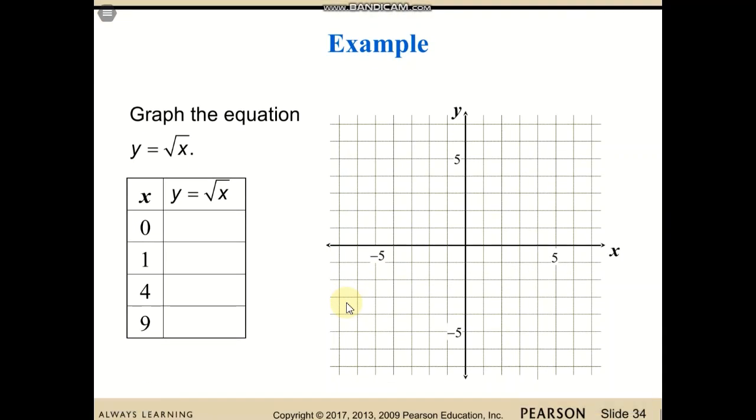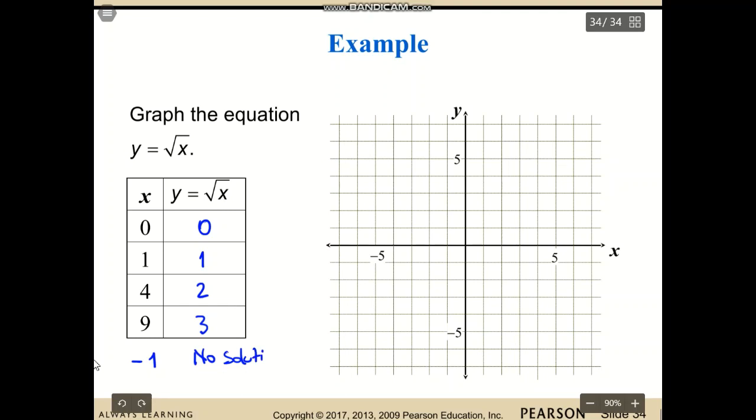Another graphic here, and now is y equals square root of x. Square root of 0, 0. Square root of 1, 1. Square root of 4, 2. Square root of 9, 3. And let me ask you something. What's the square root of negative 1? No solution, right?